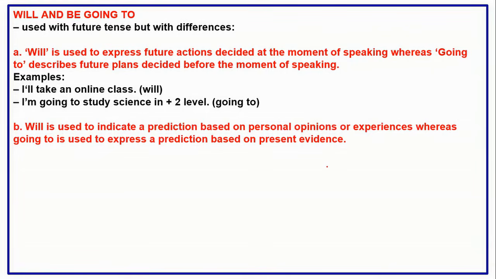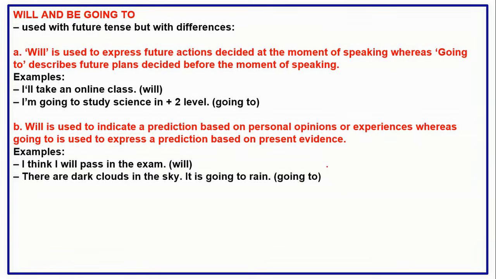So if you speak about the future without any evidence or proof, you say will. I think I will pass in the exam. There is no evidence, it is only a prediction, speaking about the future. Like saying it might rain tomorrow, I think it will rain, you are just speaking without evidence.